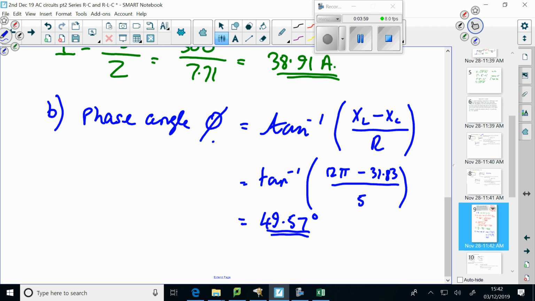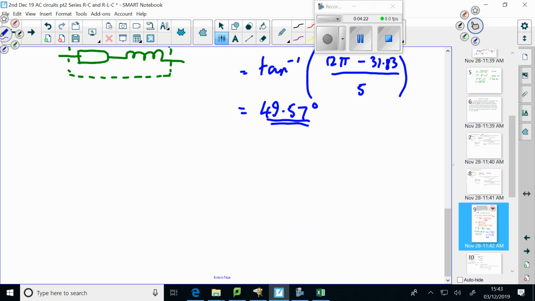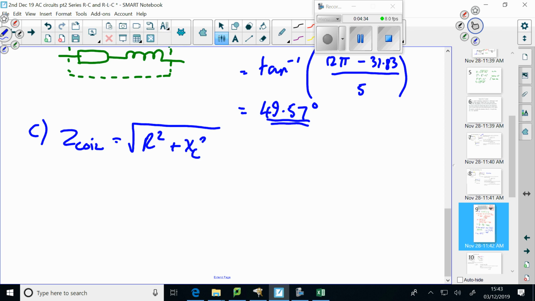Degrees. Alright? Now, the next bit is a bit tricky because we've got the coil, which is the inductor and the resistor in series. So what we need to do here, part C, is find Z coil, which is the square root of R squared plus XL squared.